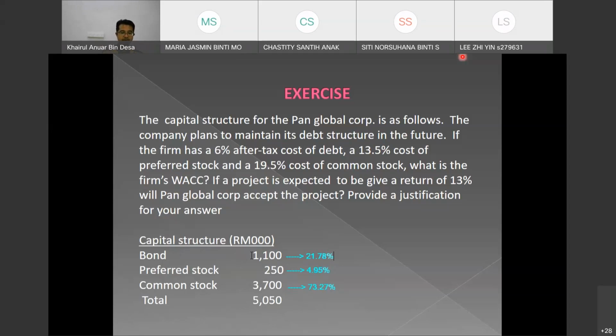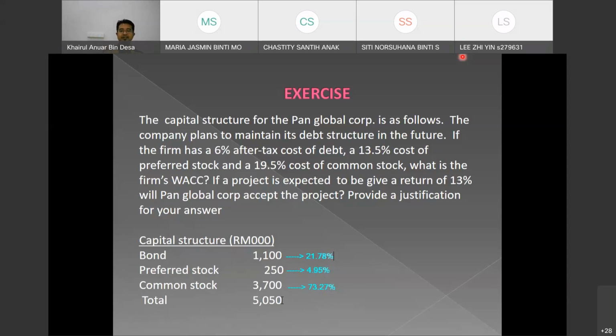Okay, 1100 ini ada 21.78%, 250 ini adalah 4.95%, 3,700 ini sebenarnya adalah 73.27%. So now kita dah dapat the percentage of capital structure mix.